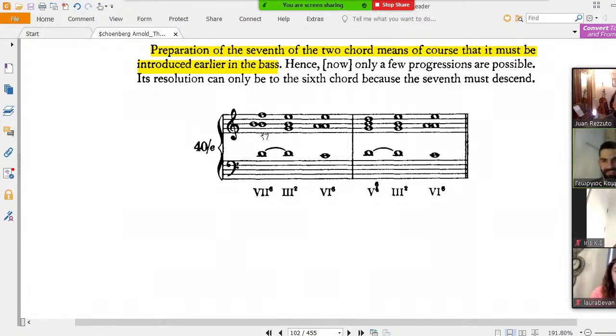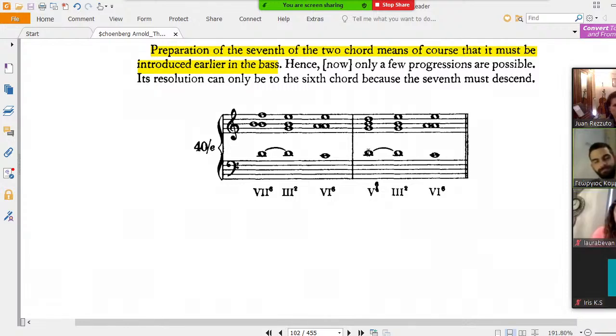Absolutely not. But what you need to know is that the preparation has to be a consonance on the previous chord.